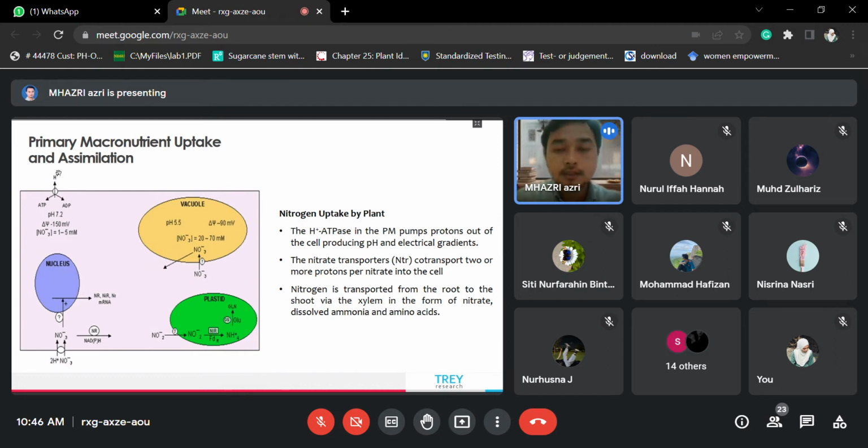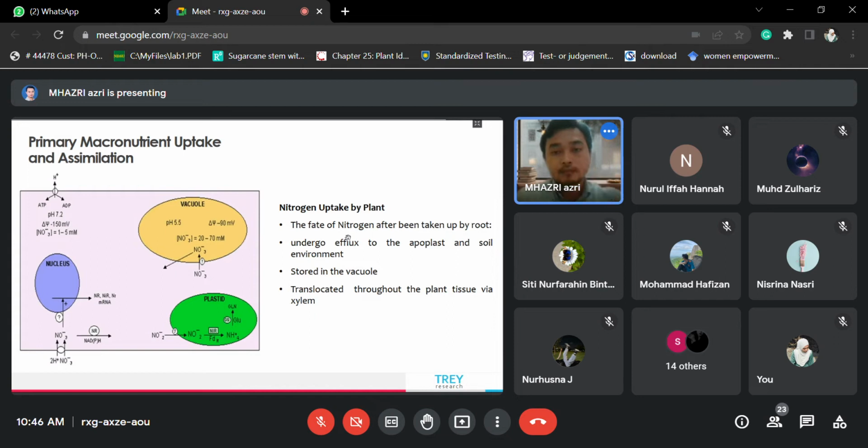To balance these electrical gradients and pH, the plant cells will co-transport nitrate into the cells. Okay, what will happen to nitrate when it is in plant root tissues?